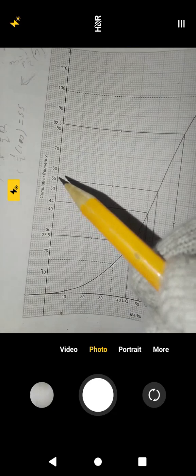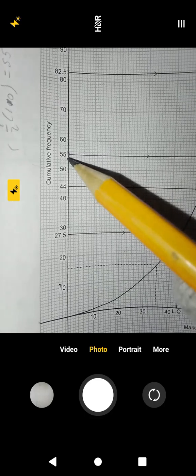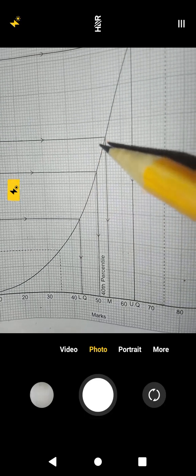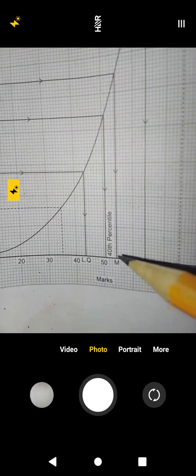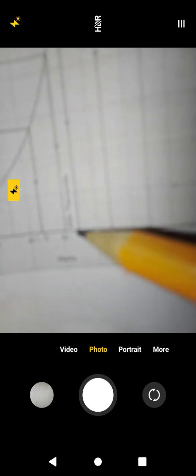So our median position is now 55, and from 55 we draw a horizontal line and then a vertical line. So this is our median.